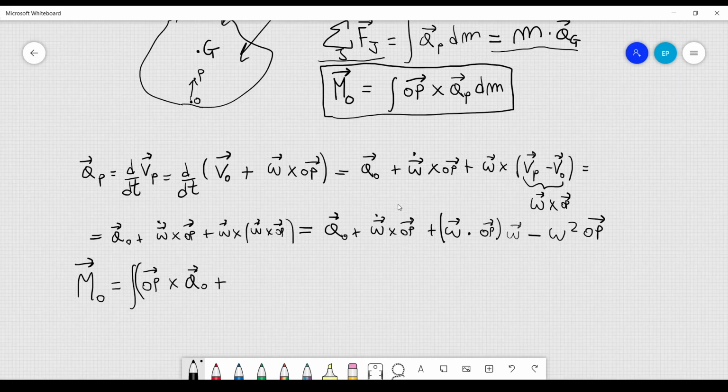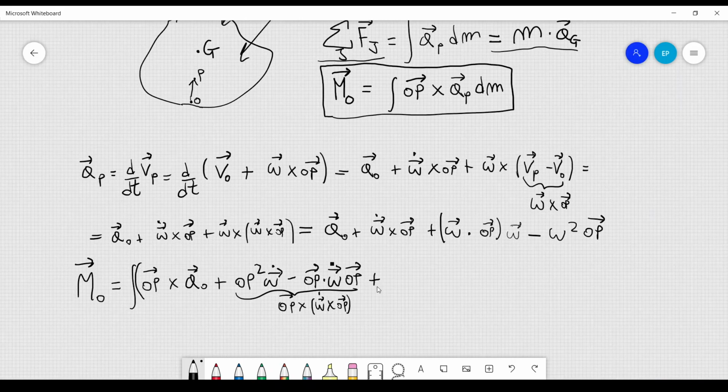And I can use a similar formula to the one that I've used here. So I have OP squared omega dot minus OP dot product omega dot times OP. So this was just OP cross omega dot cross OP, and you can rewrite it like this.